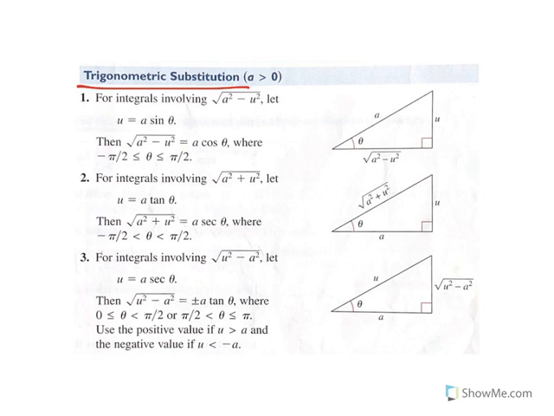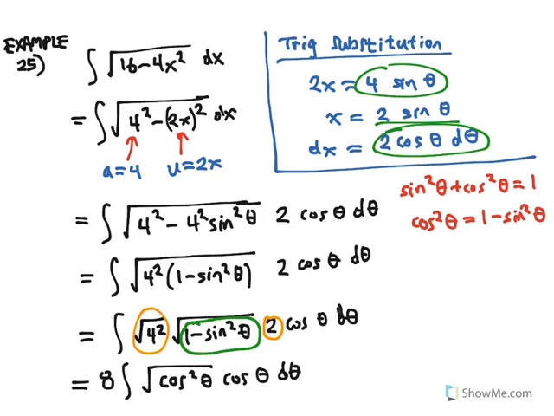When you look at the trigonometric substitution that we're using, it is specified that theta ranges between negative pi over 2 and positive pi over 2. So the terminal side of the angle theta is either in quadrant 1 or quadrant 4, where cosine values are positive. The square root of the square of a positive quantity will be that quantity.